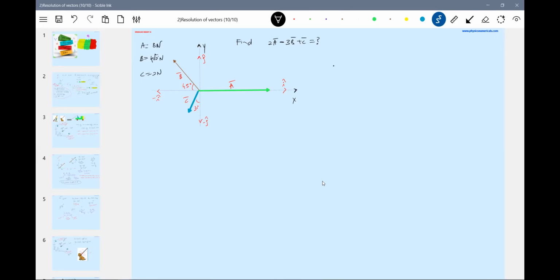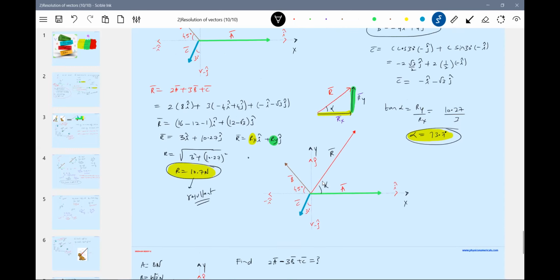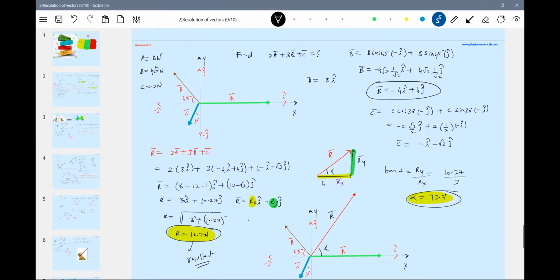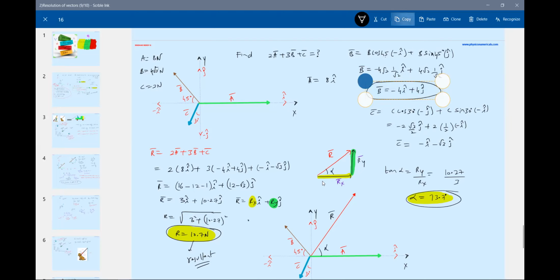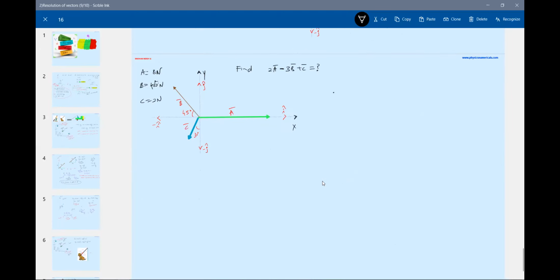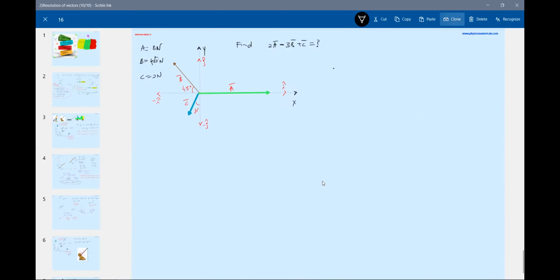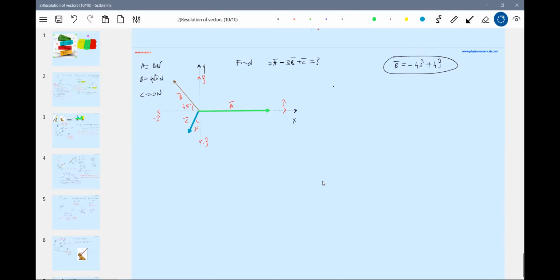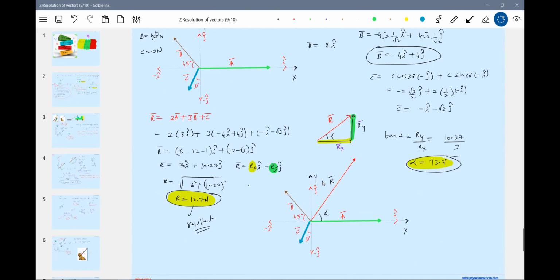Already we know a bar, b bar, c bar. The same idea, no? Directly we'll go for the resultant. Do we know a bar? What we struggled ourselves to get, all these equations, I'll take help of. B bar, we know it. I'll just paste it, already previous problem data. Let me use that one.